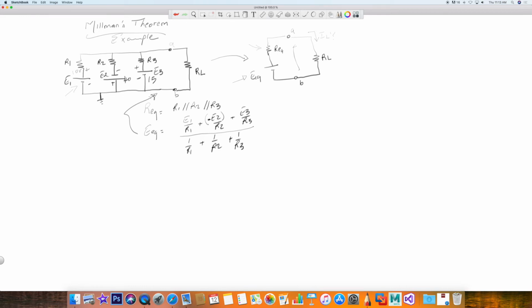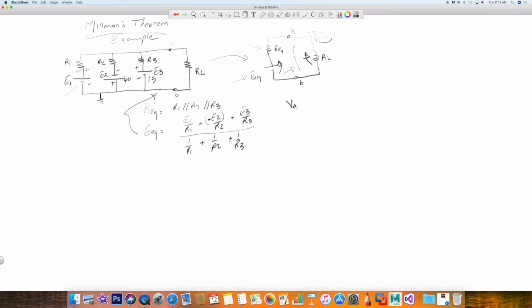But you have to understand that's VAB when it's open. So what is the true IL that you would get here, or the true VAB, for example, right? Well, before you do anything, you have to make sure that you're looking at this from a voltage divider rule. So if you have E equivalent here, this is a portion of E equivalent.